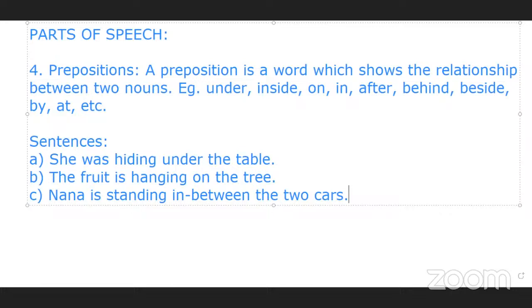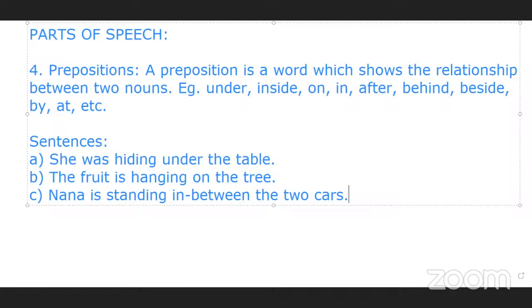Great. Now look at my example. The fruit is hanging on the tree. Do we have a preposition in the sentence? Yes, because of the on. Okay, so the preposition is on.